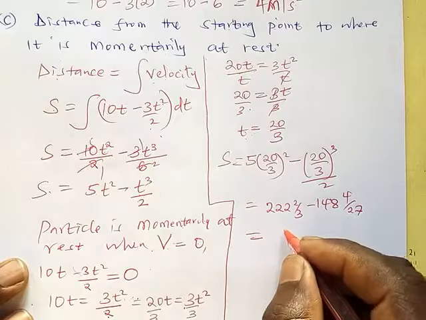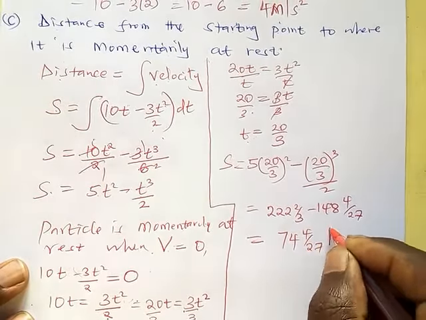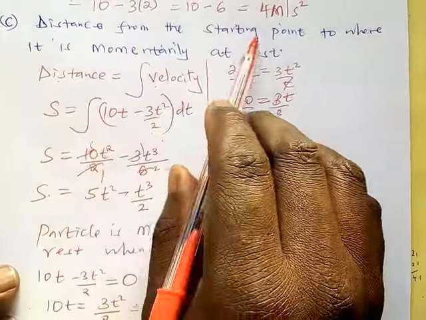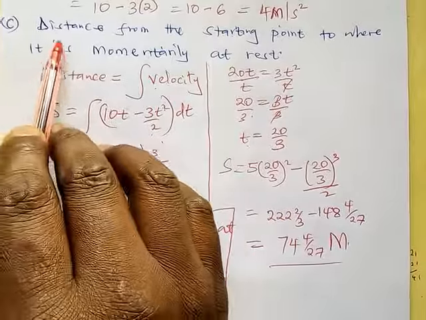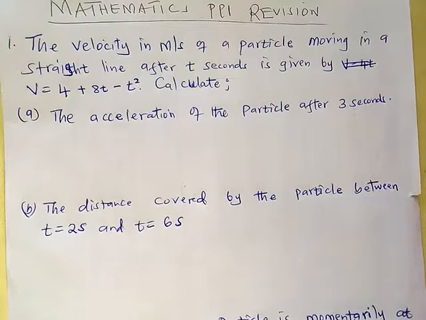And this one will give us 74.4 over 27, and that is in meters. And that is the distance from the starting point to where the particle is momentarily at rest.